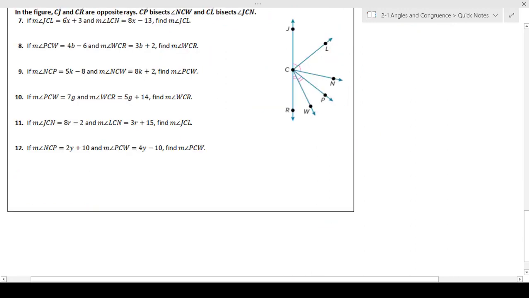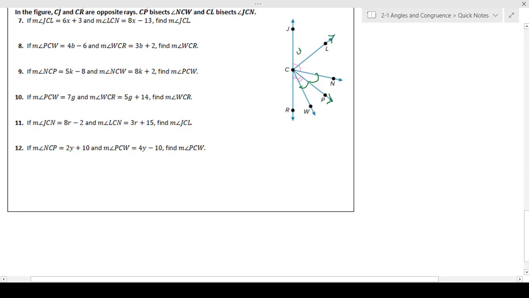In the figure, CJ and CR are opposite rays. These are two opposite rays. CP bisects angle NCW. This is CP. This angle is equal to that angle. And CL bisects angle JCN.